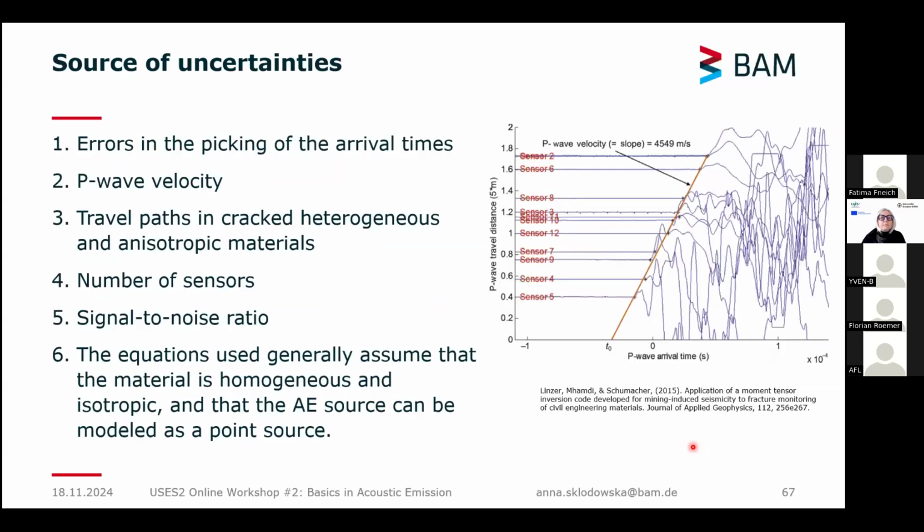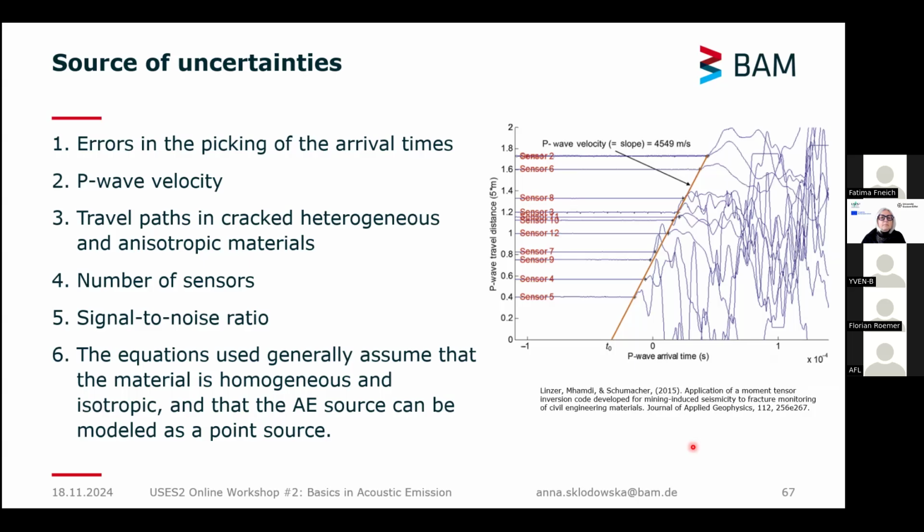However, this method is relatively fast, but it has a source of a lot of uncertainties. We have errors in the picking of the arrival time. As I said, the AIC picker is usually used, but this is not an ideal method. Sometimes it's not picking well enough, and if we have a lot of data, we don't check data one after another usually, so this might introduce some uncertainties.